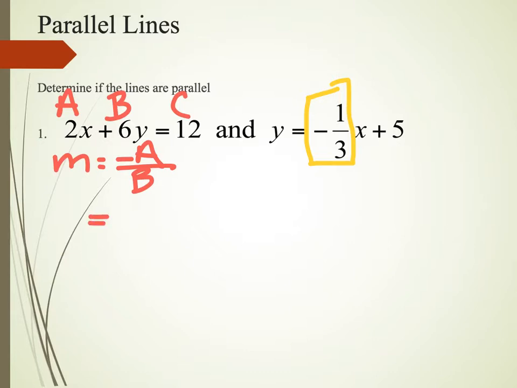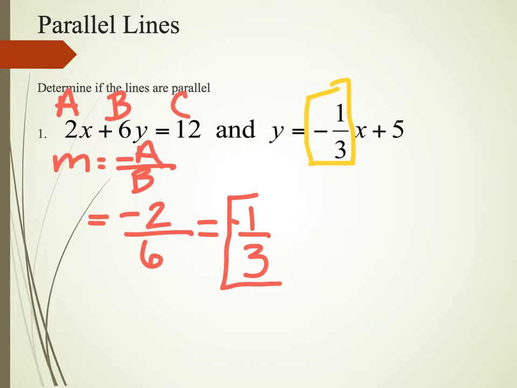So negative A, so negative 2 over B, which is 6. Now, whenever dealing with fractions, you always want to simplify your fractions. So if I simplify this, this becomes negative 1 over 3.